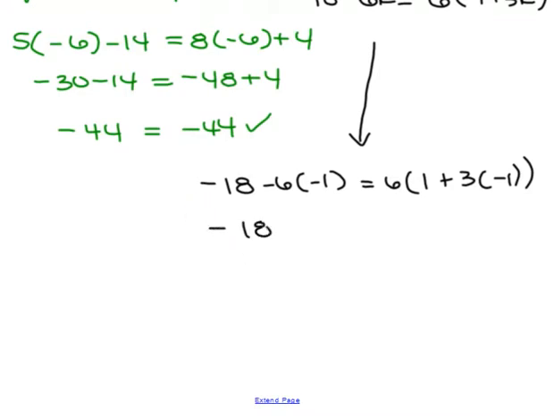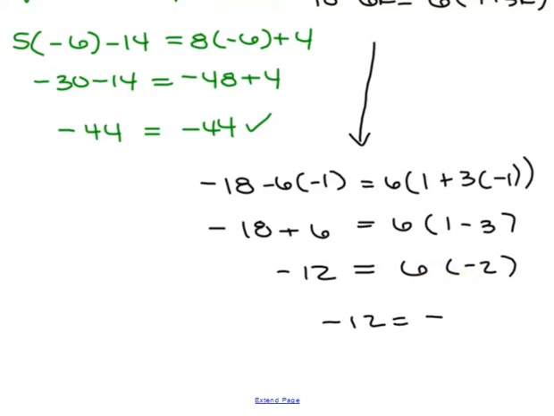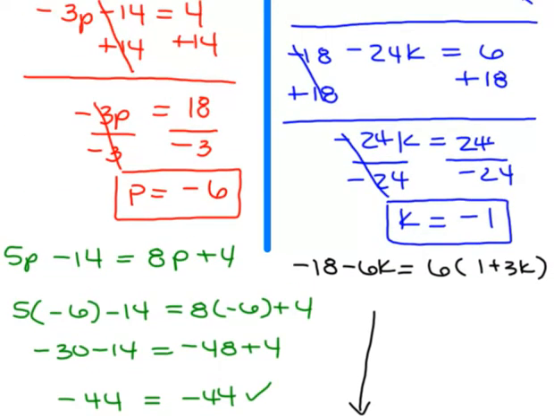So negative 18, negative 6 times negative 1 is going to be plus 6. 6 times, 1, and then positive 3 times negative 1 is negative 3. Negative 18 plus 6 is going to be negative 12. 1 minus 3 is negative 2. 6 times negative 2 is negative 12. So our answer checks out here. So our answer is k equals negative 1.